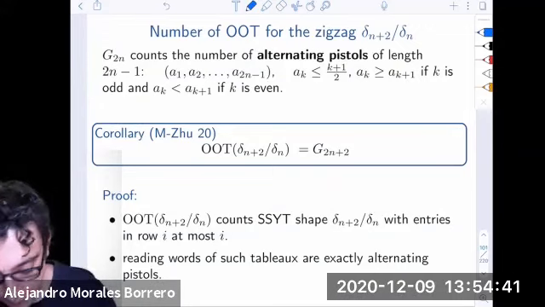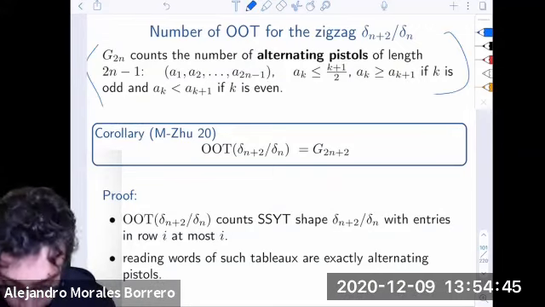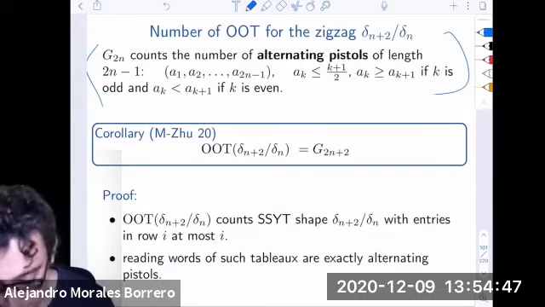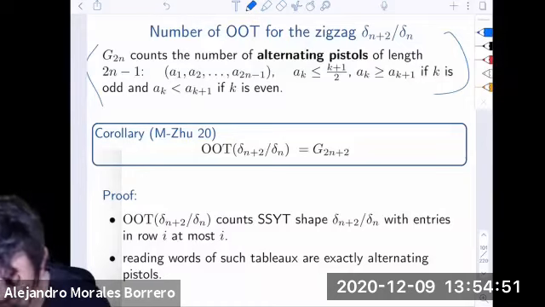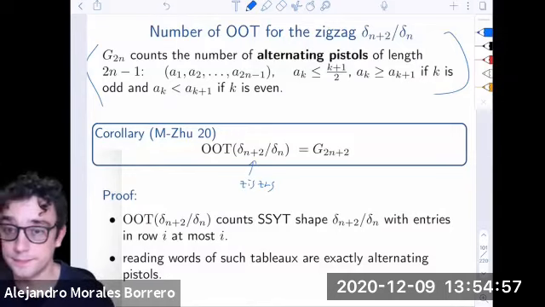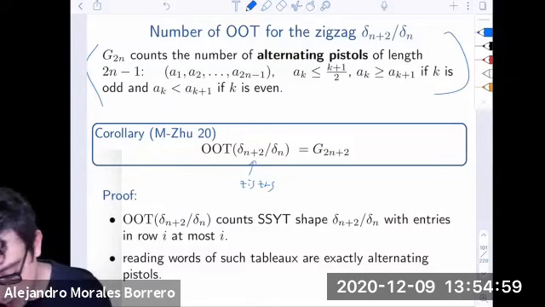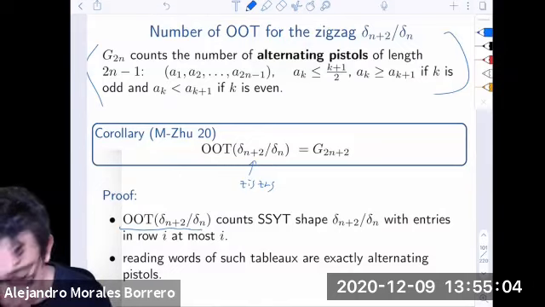Okay, so here's a result about the Genocchi numbers. This was conjectured by Igor, Greta, and myself, and we prove it here: the number of Okounkov-Olshanski terms of the zigzag equals a Genocchi number. And here is the proof. Remember that Okounkov-Olshanski counts reverse excited diagrams, which equals flagged tableau of skew shape.